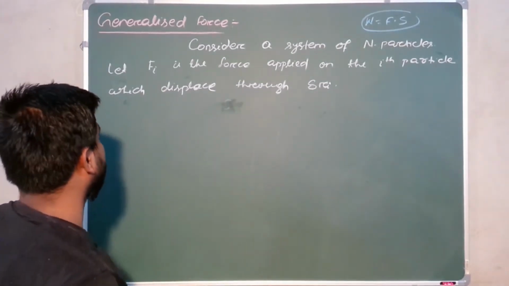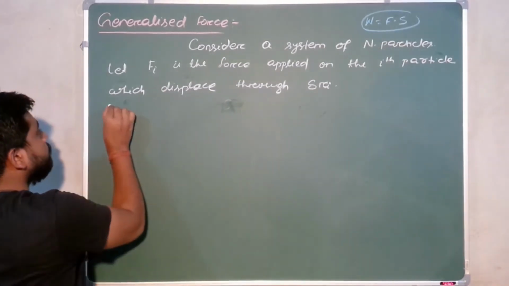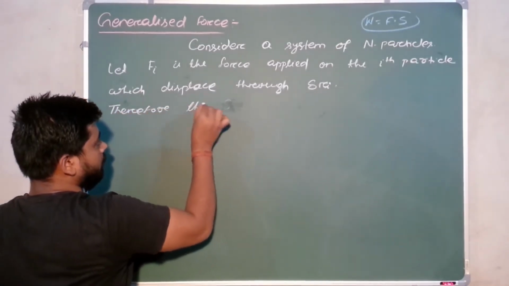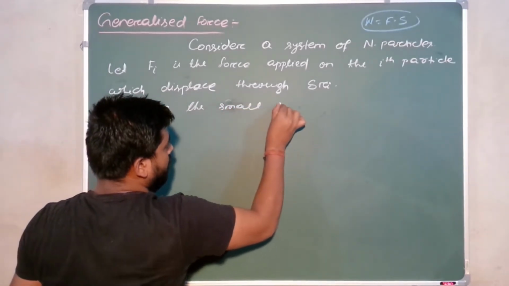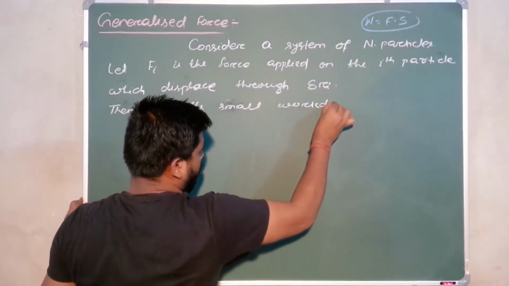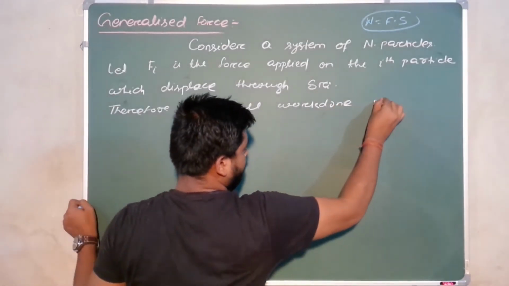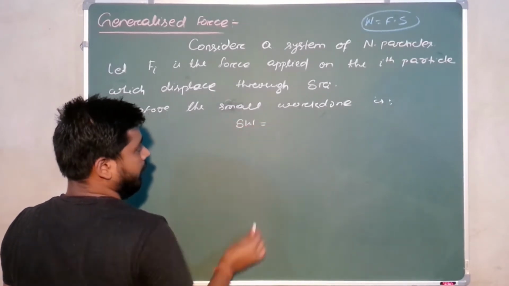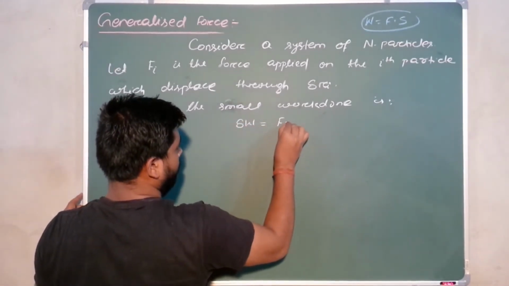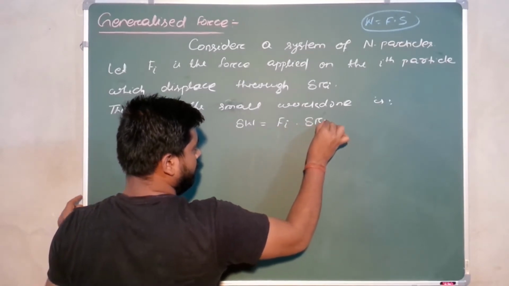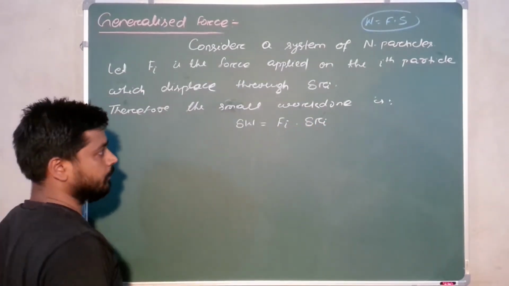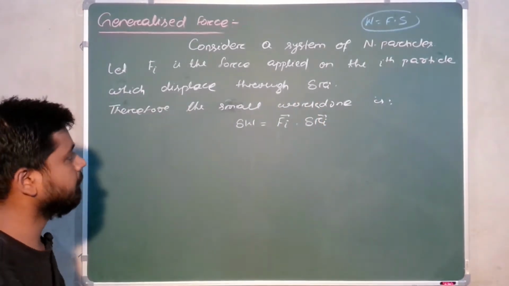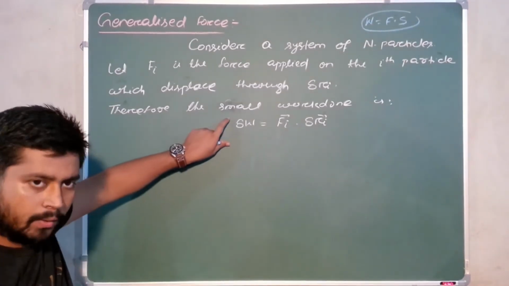Therefore the small work done, delta W, equals Fi dot delta Ri. Yes or no? Or as a vector quantity, Fi dot delta Ri. Okay, then this is the small work done.